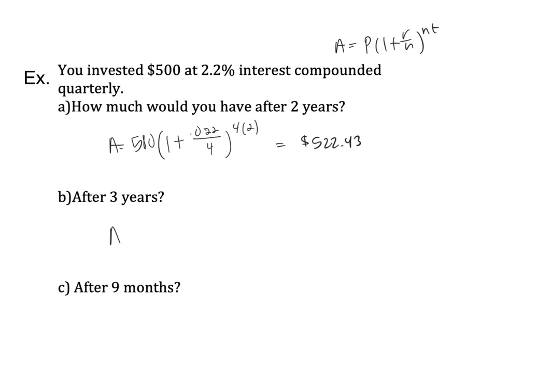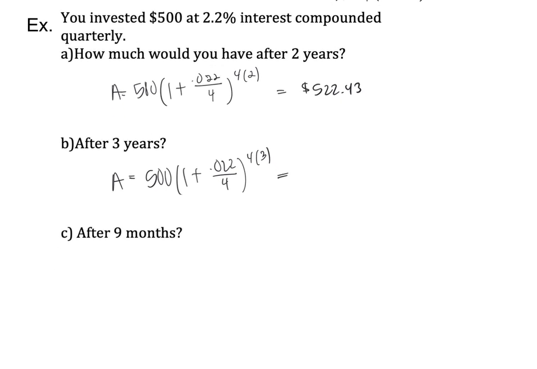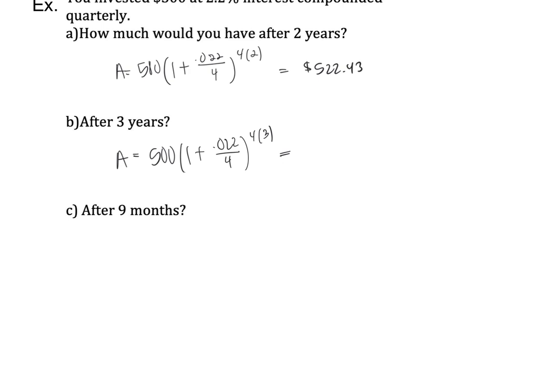After 3 years, we rinse and repeat the same process, but instead of 2, we use 3. And we would get, I actually don't know what the answer is. Something a little bit more. And after 9 months, the only difference is that 9 months is 9 out of 12 because time is in years.